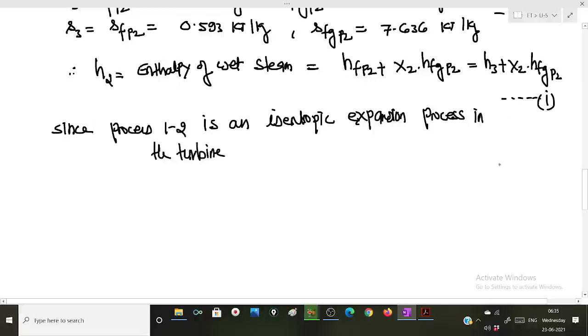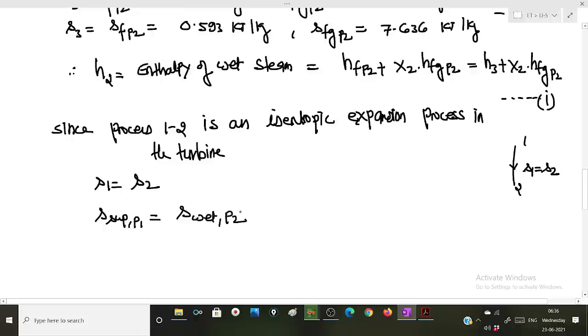So S1 is equal to S2. S1 is entropy of superheated steam at pressure P1 and S2 is entropy of wet steam at pressure P2.